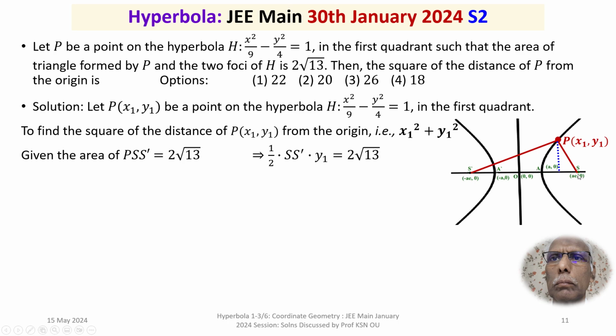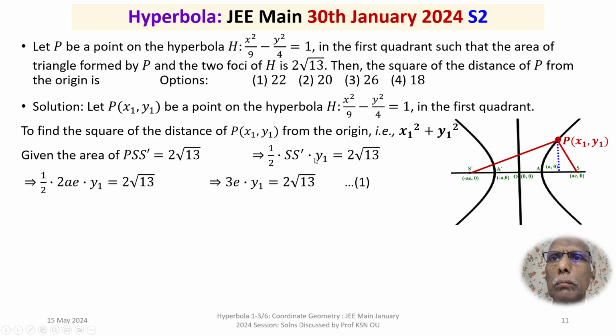What is SS prime? This side is AE, so the distance between the two foci is 2 times AE. That gives 1 by 2 into 2 times AE into y1 equal to 2 multiplied by under the square root of 13. 1 by 2 cancels.